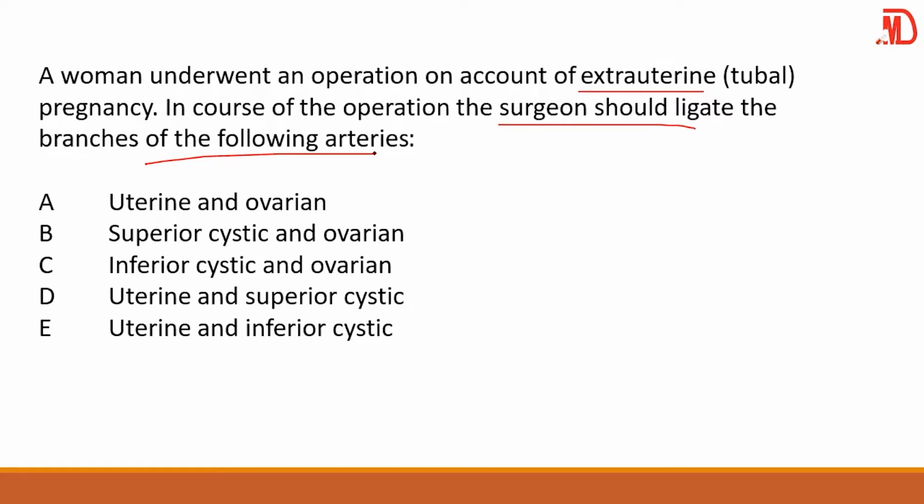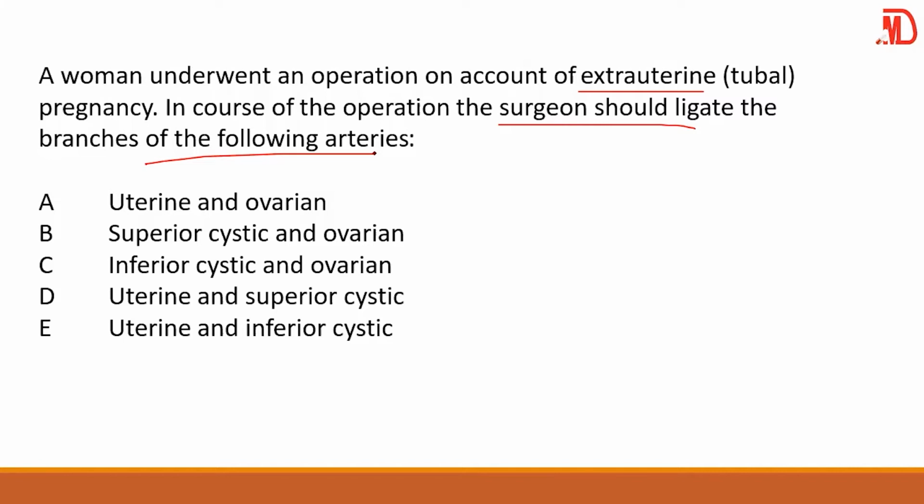The uterine and then the ovarian artery, because all of these things, of course, are connected to the ovary and then the womb as well. So these are what we are going to be looking for.